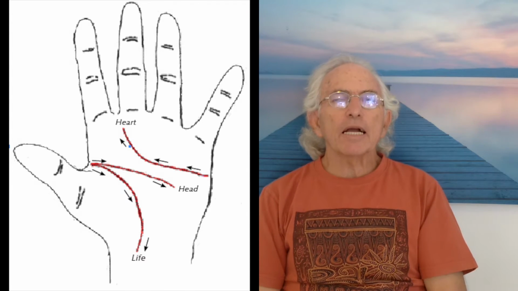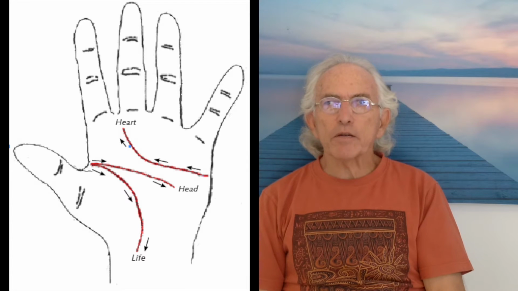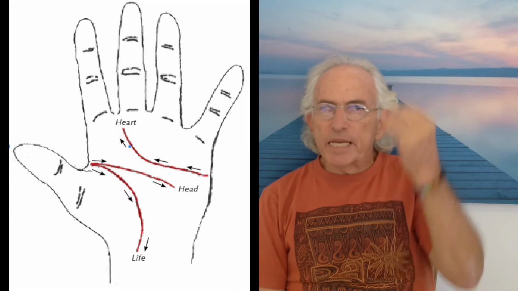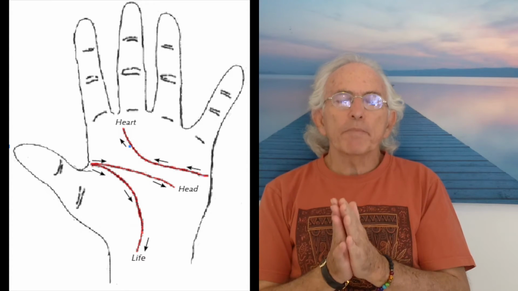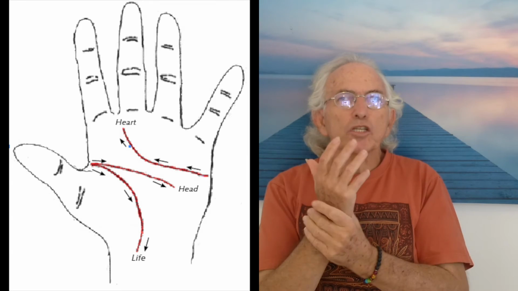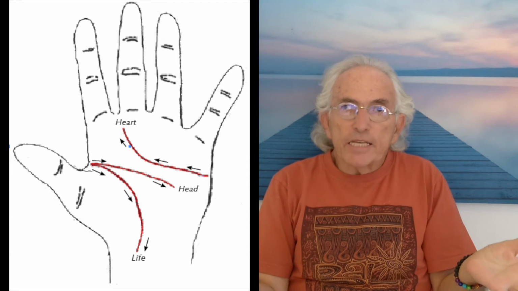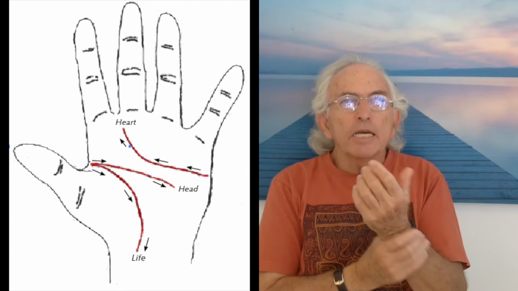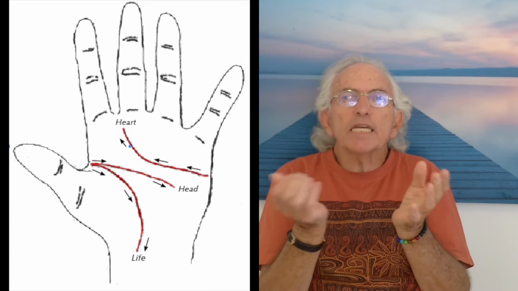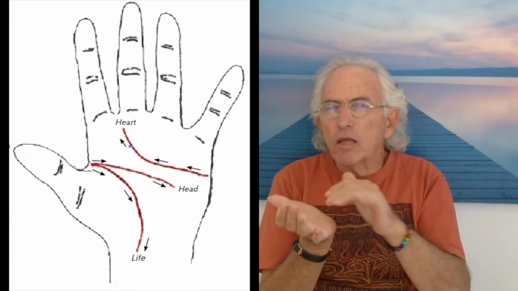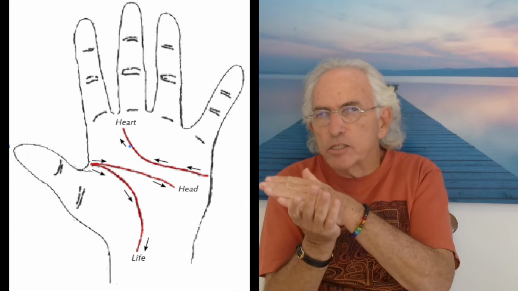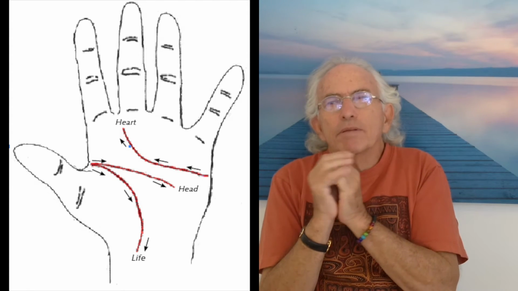As you can see in the diagram, the hotline begins on Mercury, which is the area of relationship and communication. In some books, they show that the hotline begins on the other side, in Jupiter, and that's wrong.